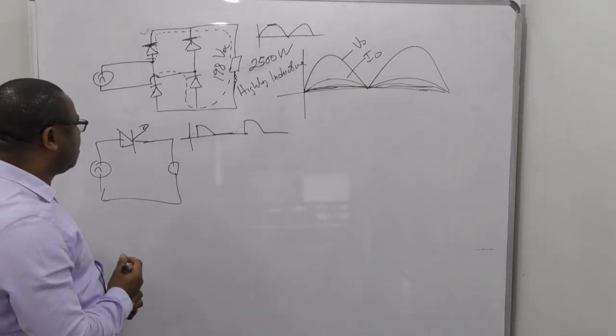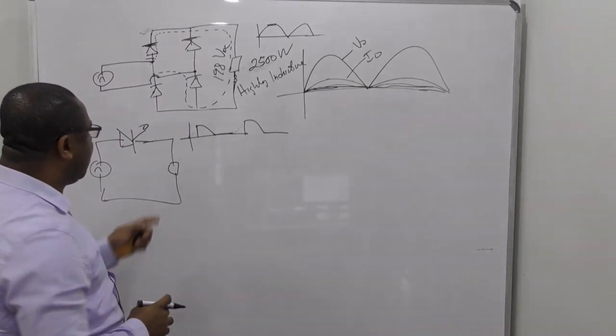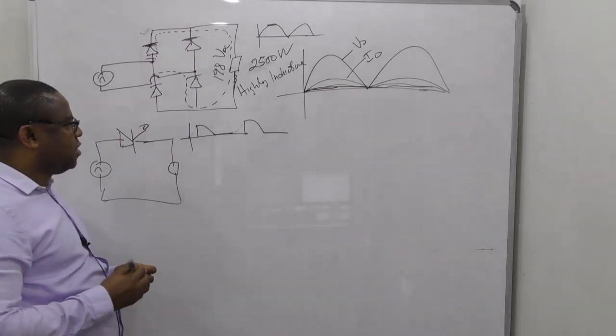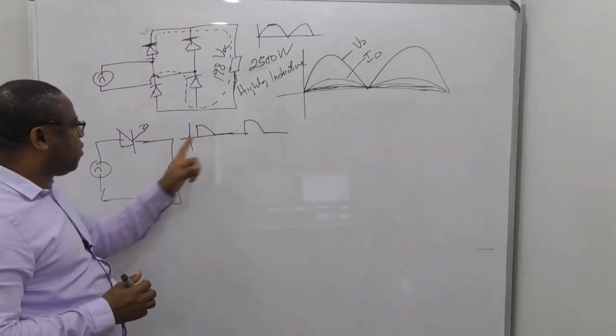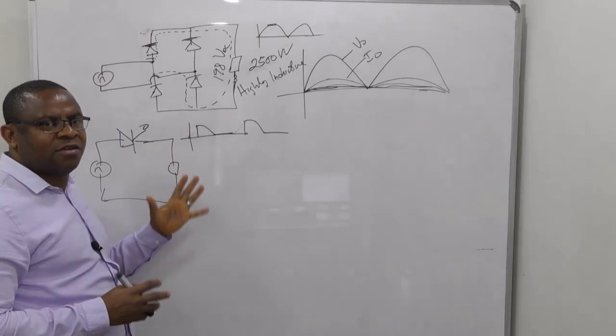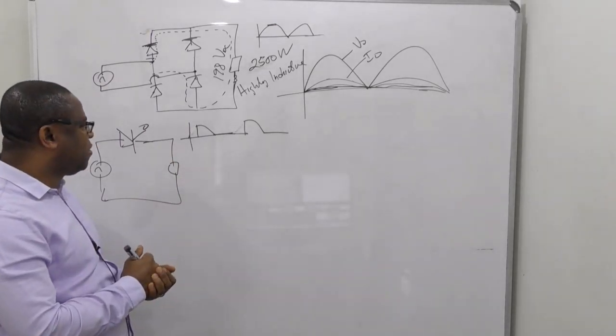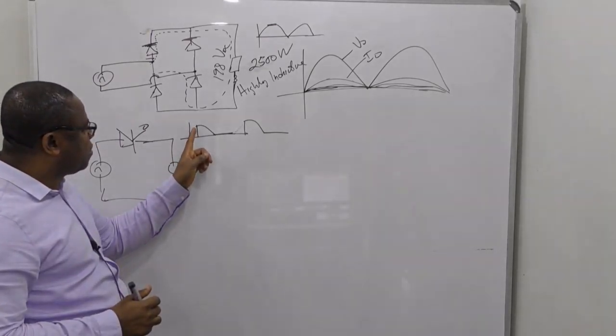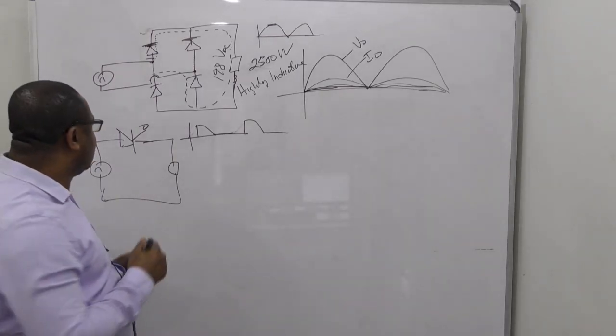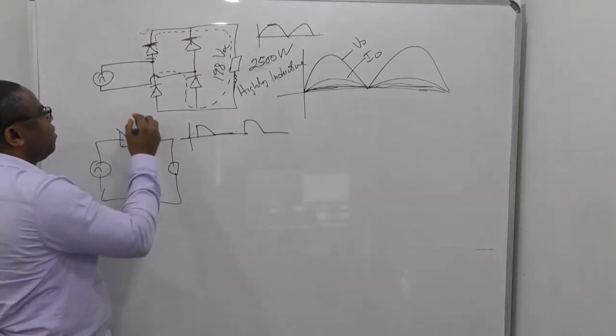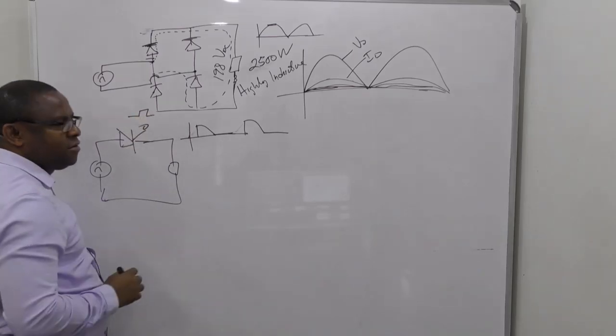With a thyristor, I can easily control the turn on. Remember that I said we can control the turn on of a semiconductor device. Before it will turn on, there must be a signal.